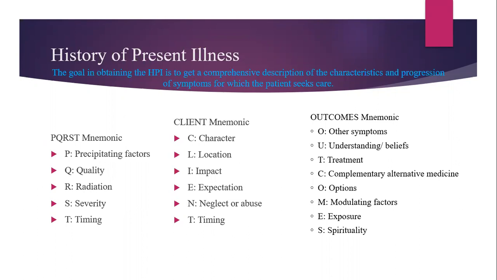So some people use herbal medications, Chinese medication, we call alternative medications, and O stands for options. So options for care that are important to the patient, right? Like advanced directives, living wills.